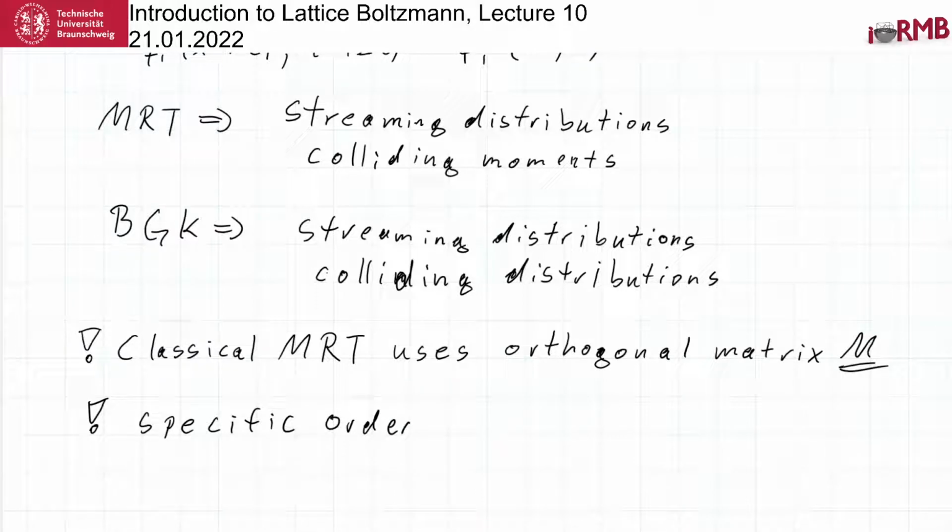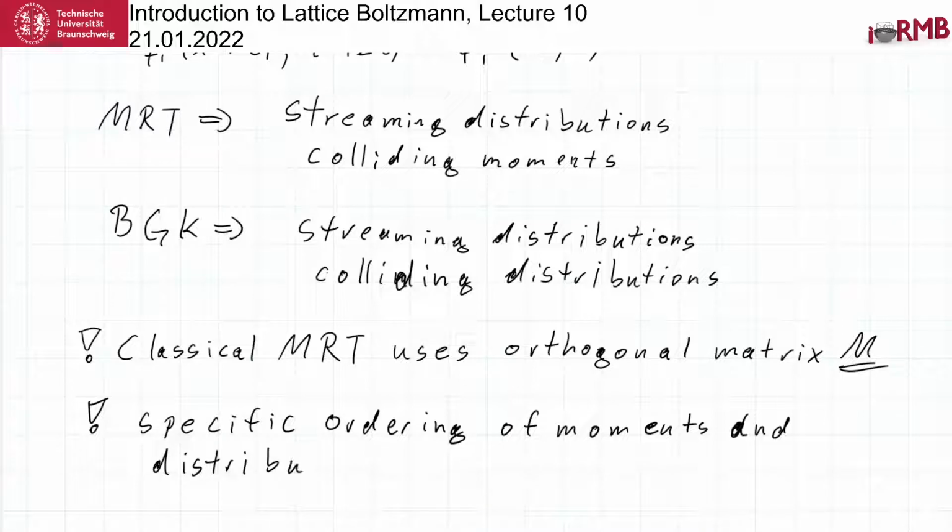So depending on the ordering of your moments, your matrix will look different, yeah? So you have to make sure you know how you arrange things. There's no unique way of doing this.